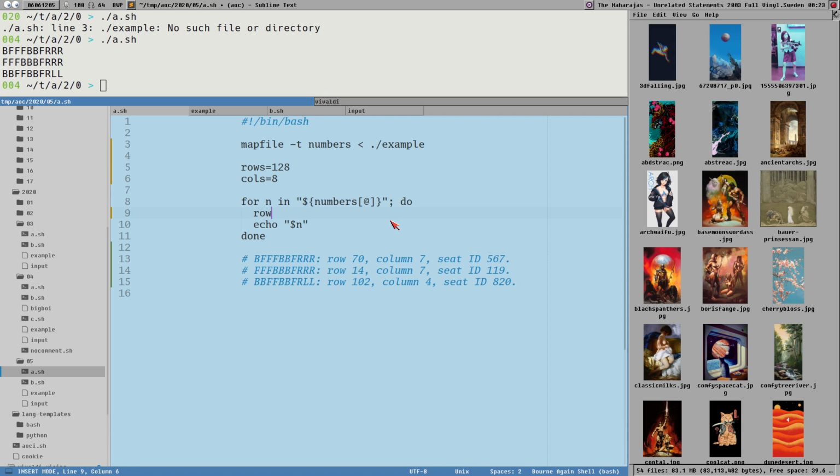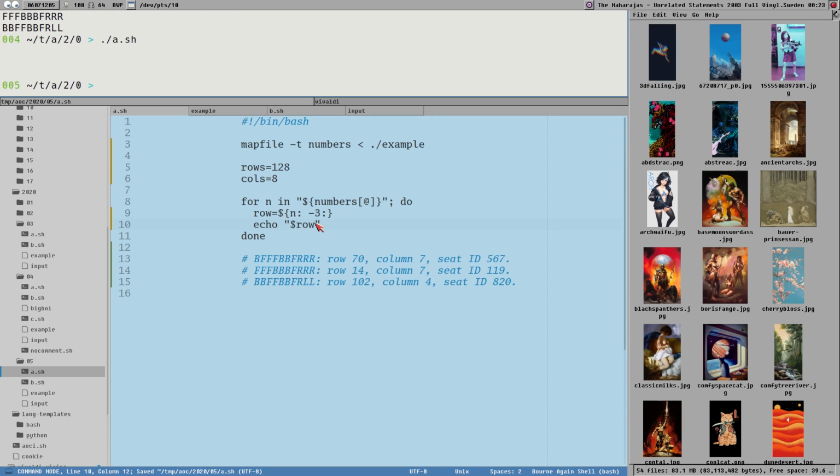So row is equal to n colon, we can make a substring like -3 colon, I believe. Row, no. Maybe this. Yeah, there we have it.